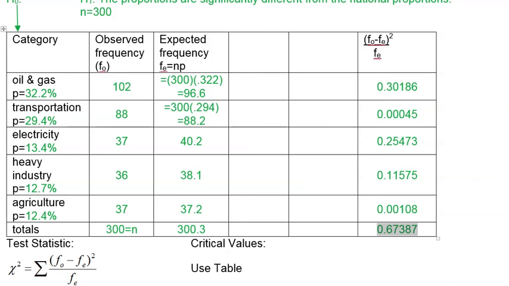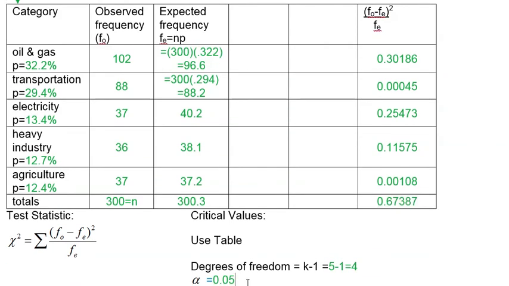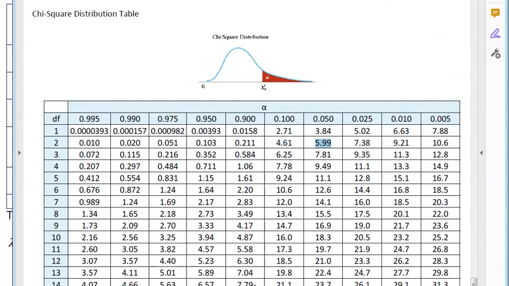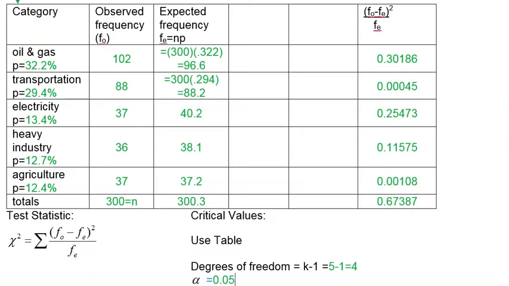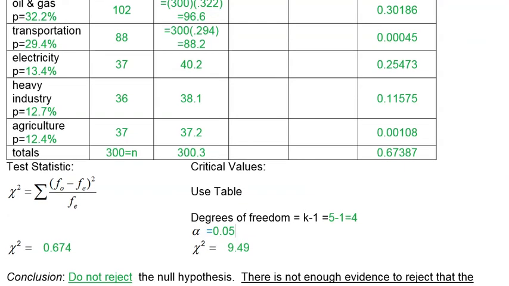So let's look at that. Let me scroll up a little bit here, and then we'll look at that on our table. So 4 degrees of freedom, 5%, so this time we're looking at 9.49 for our critical value. So again, our test statistic, nowhere close to our critical region. We're going to not reject the null hypothesis.